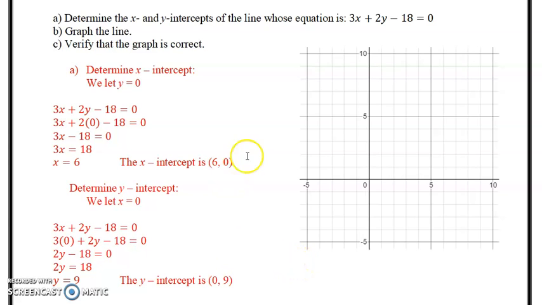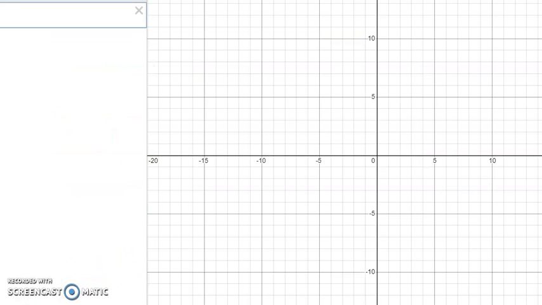Alright? So we'll go up to our graph. We'll go 0 and 9, 0 and 6, and graph through. I'll do that with you in Desmos. So at first what we did was we found the x-intercept. It was 6 and 0. Point on the graph here.